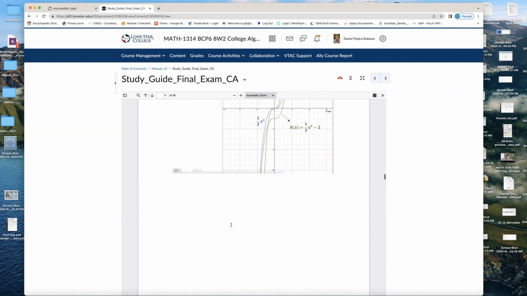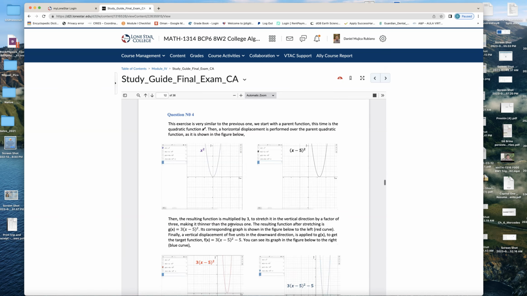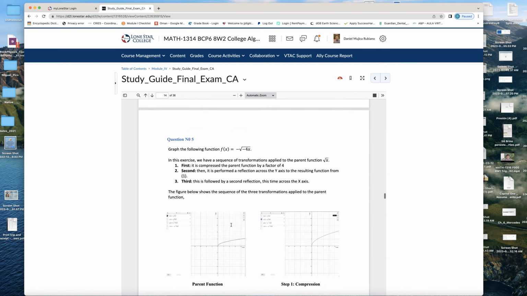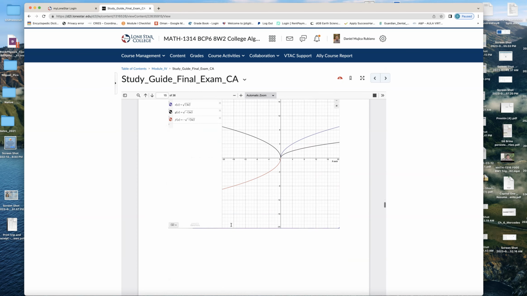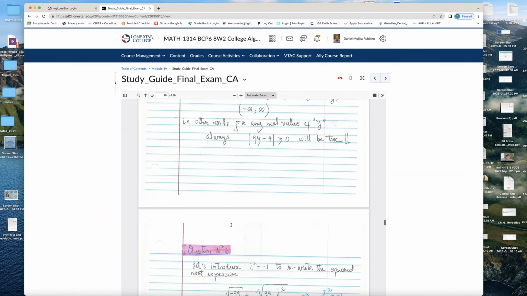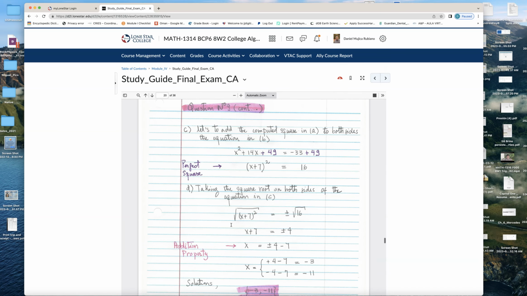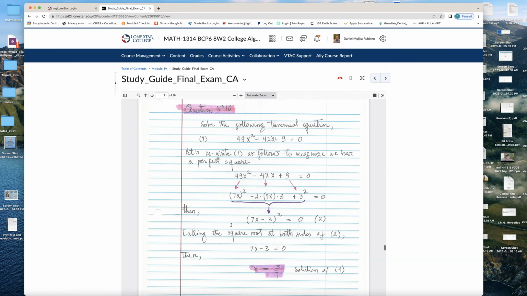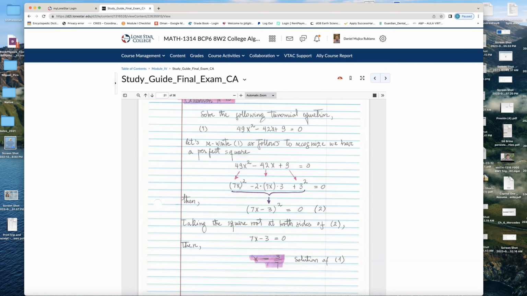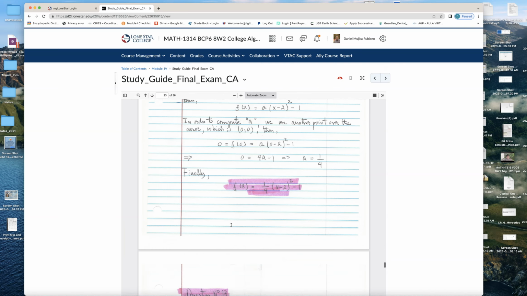You have all the details on how to solve the exercises for that questionnaire. There is plenty of material, plenty of explanation with my notes in detail about what you need to do. This is going to be a very helpful guide that will allow you to prepare for your final.